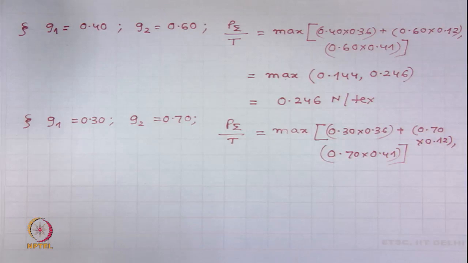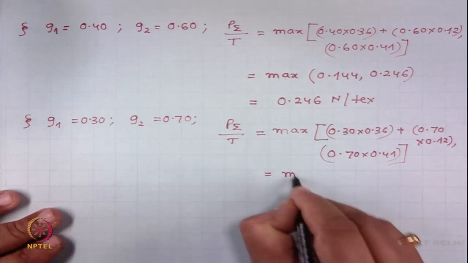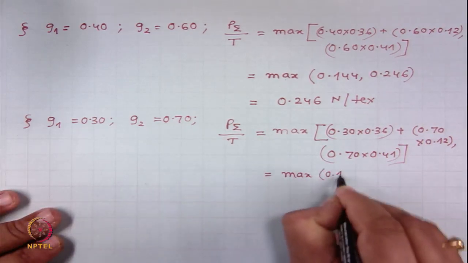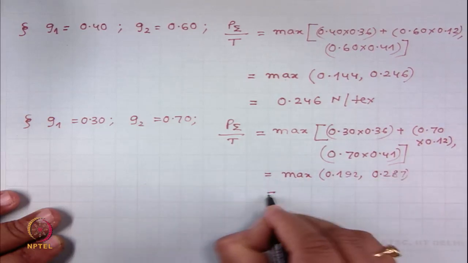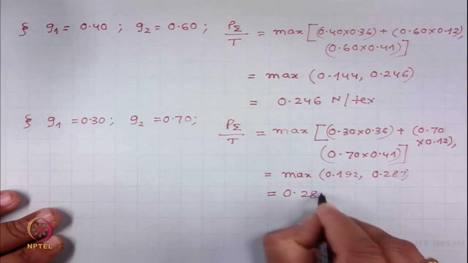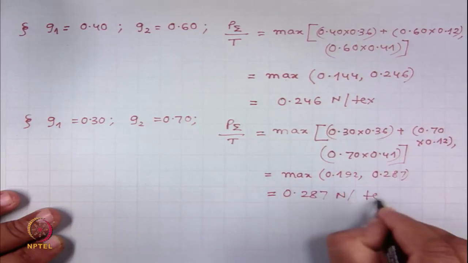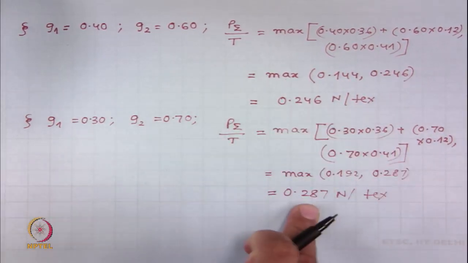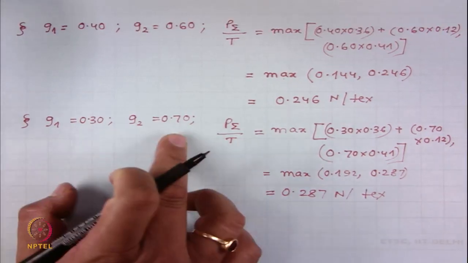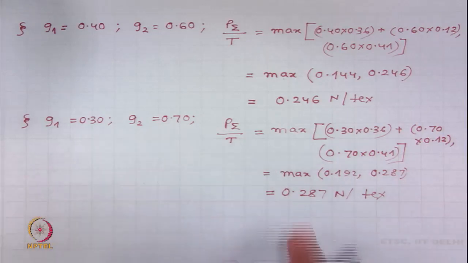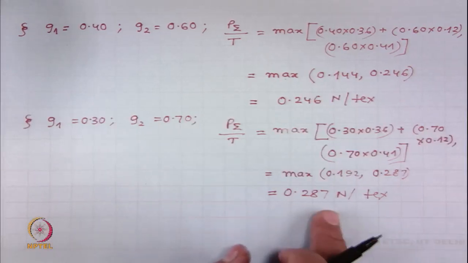What will be these two values? These two values will be maximum of 0.192, 0.287, which will be equal to 0.287 Newton per tex. See again that increasing trend started. At 30-70 blend ratio, the bundle tenacity value will be 0.287 Newton per tex.